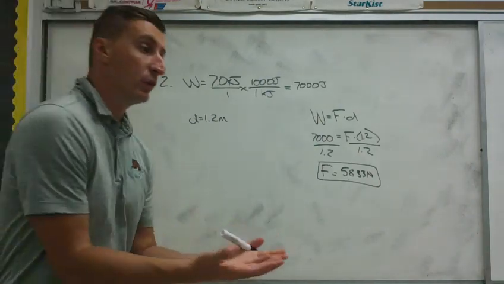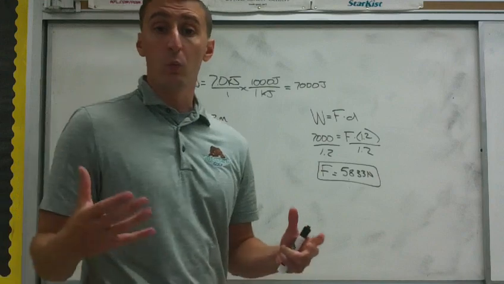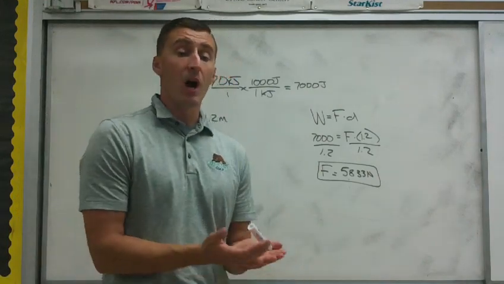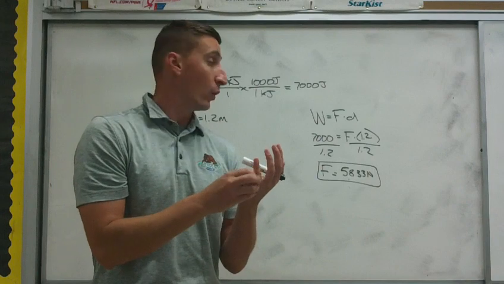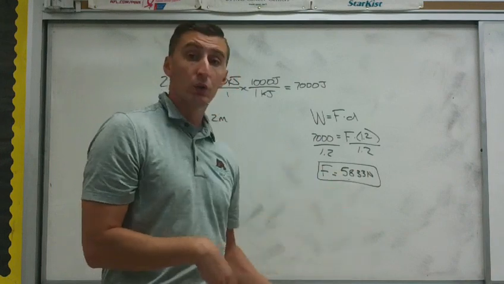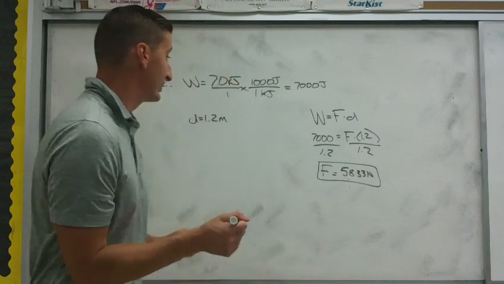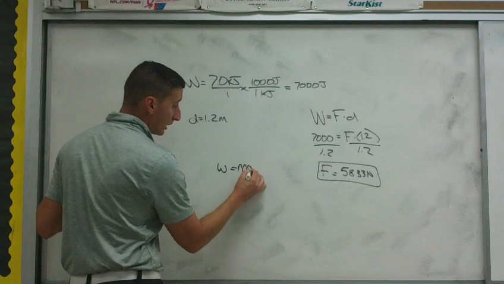Well, if you think about it, if you lift something straight up, what force do you have to overcome? You have to overcome weight. The weight of the box is what's pulling it down. The forklift is pushing it up. So if it's moving upwards, that force is equal to its weight. If we want to find the mass, we use that as its weight, and weight is equal to mg.